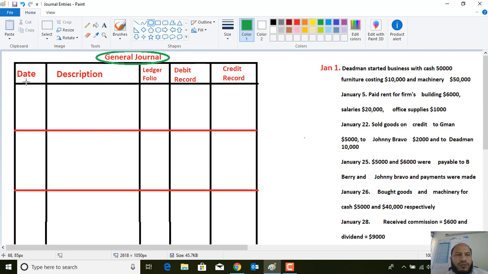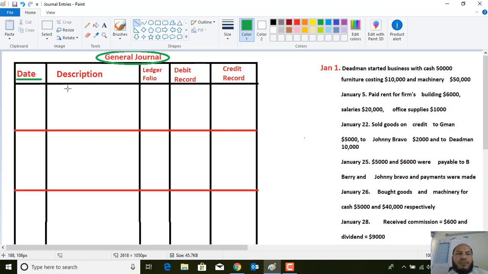If you remember, dear students, the standard format of the general journal has 5 columns. The first column is the date column, and in the date column we will record all those transactions on a daily basis that we held within the company or within the enterprise.